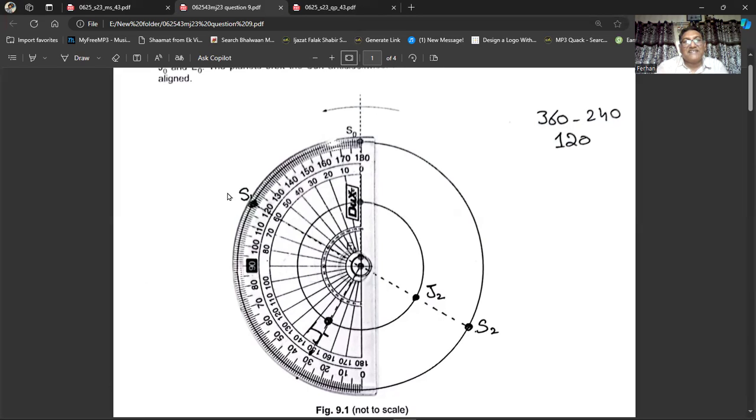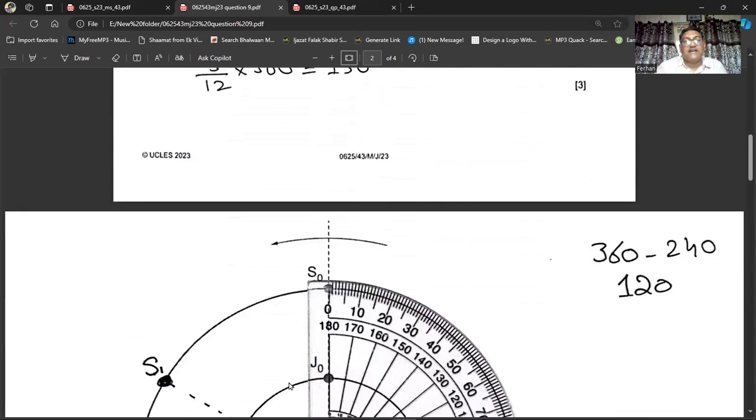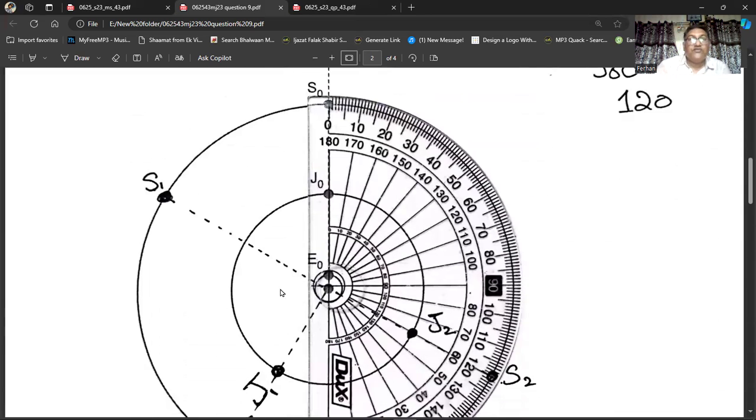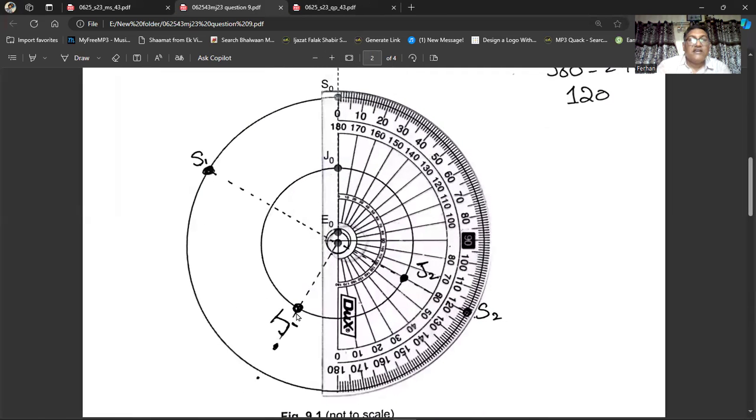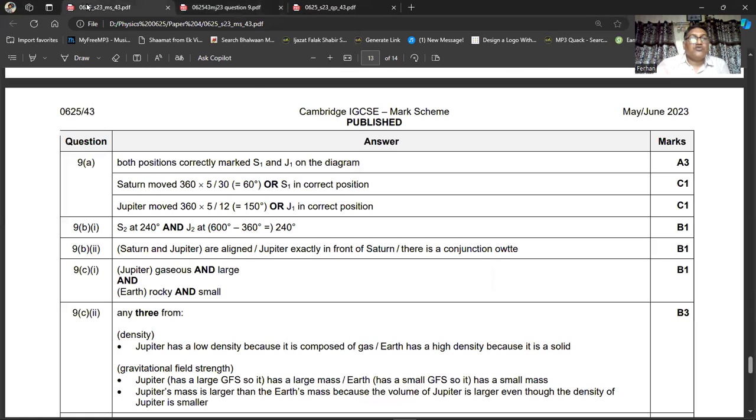I hope you can understand. This is for Saturn, and this dot is for Jupiter. Then I will remove that, and you can see here this position I have marked as J1 and this position as S1. Hopefully you understand this.